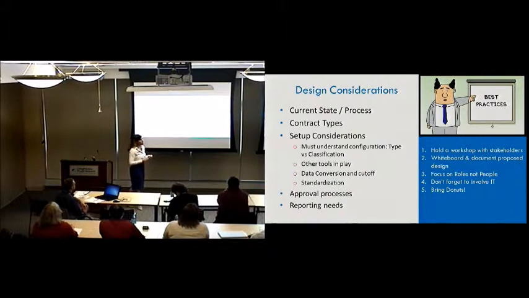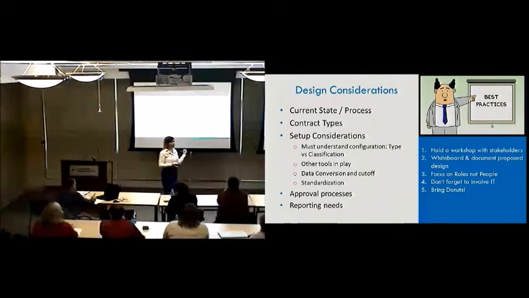Data conversion and cutoff. Very important if you were to implement contract management, to cut off users adding directly into PO25, because then you're not managing in one application. What's your source of truth for your reporting? If you add it into PO25, it does not get sent back to contract management.